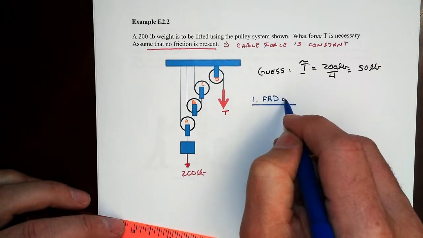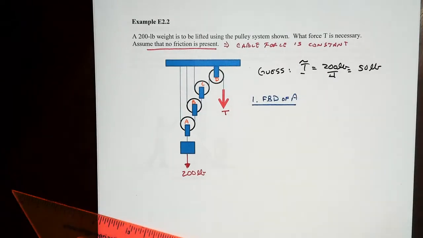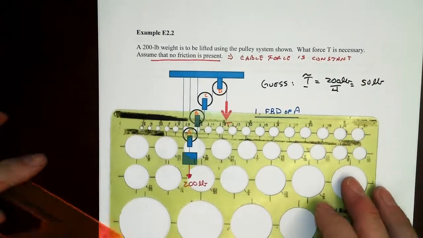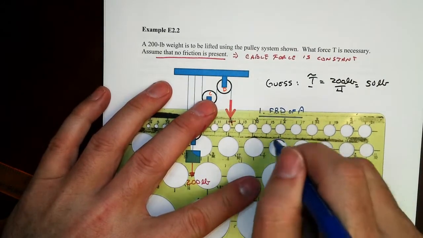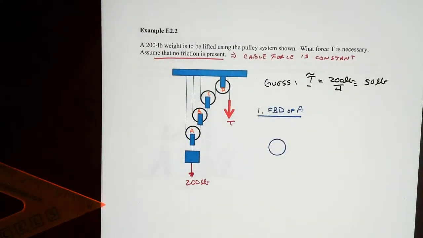Alright, so free body diagram of A. We get out a circle template. Here's one, here's another. Let's use this one. There's our pulley.